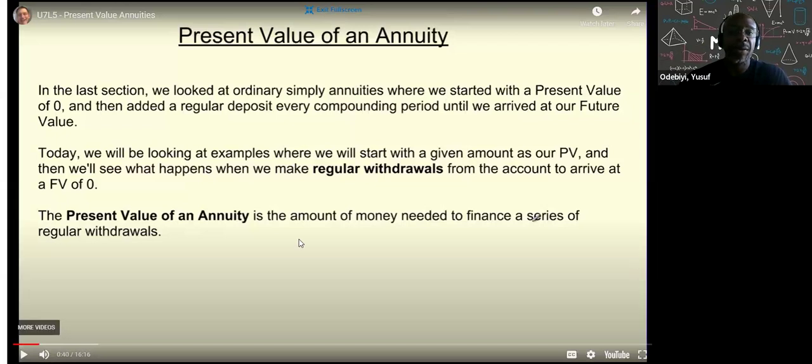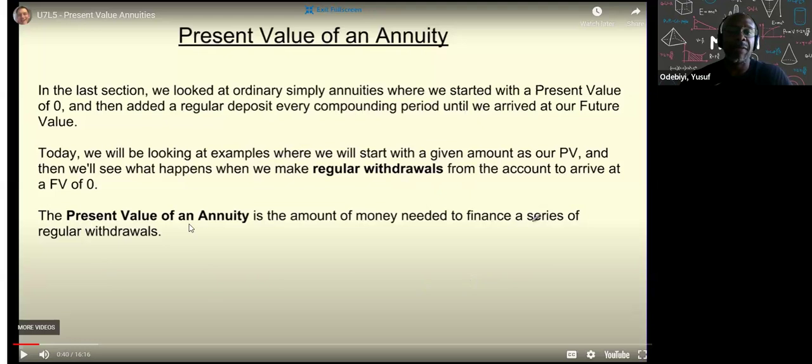Okay, so he's summarizing what we did before, right? So you put regular deposits in order to arrive at a future amount, right? So we started off at the first term, and say we want to have $4,000 in the future, we'd have to make regular payments at a certain amount of interest in order to get that $4,000 in the future. Okay. Now we're doing something different.